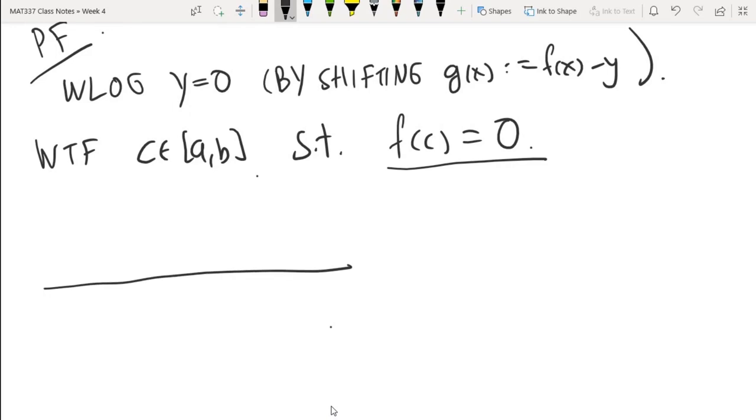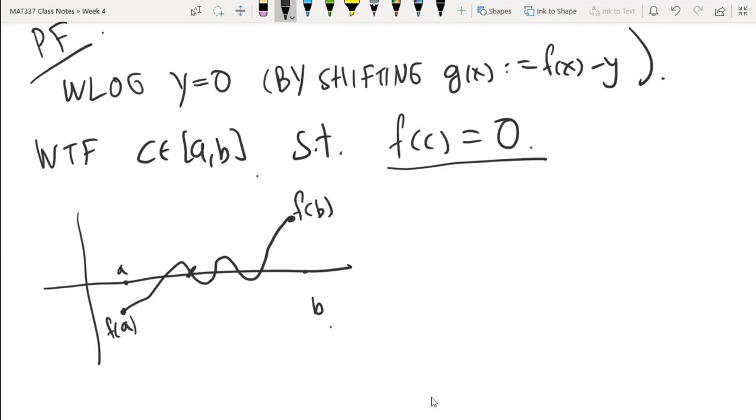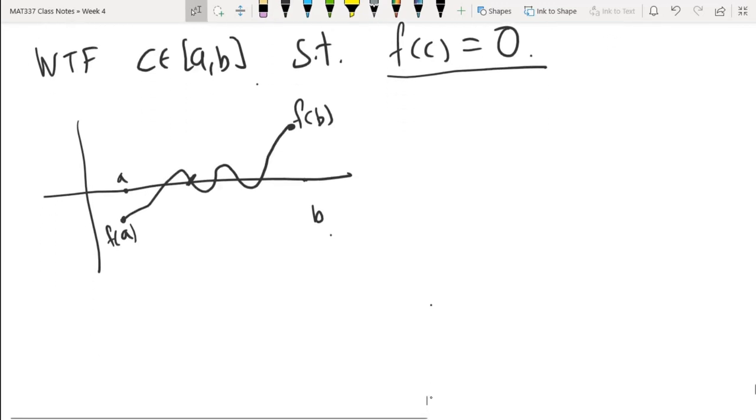So for some intuition, this is f of a, this is f of b, and we say that there is at least one zero.